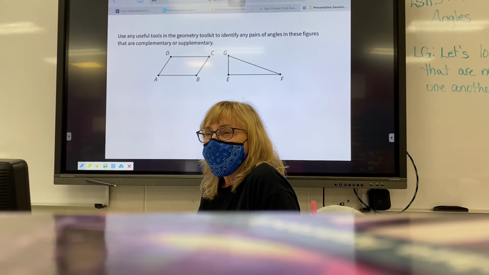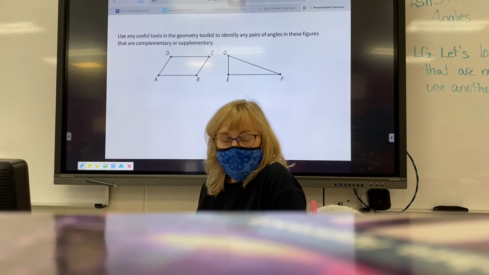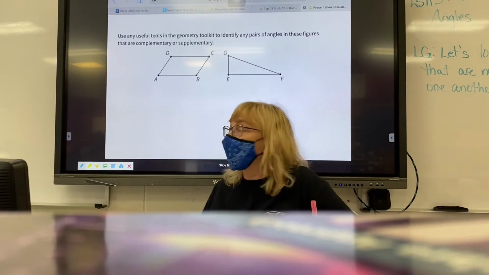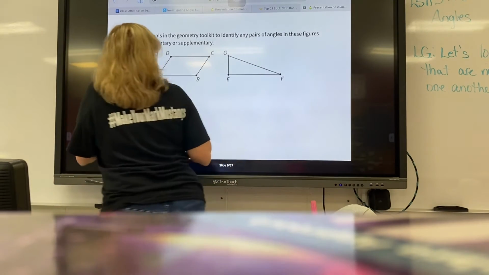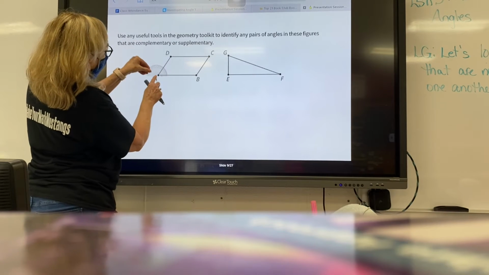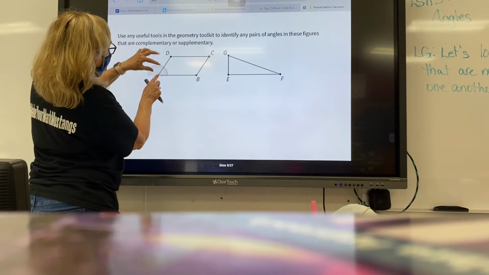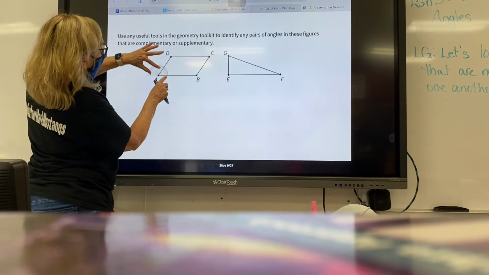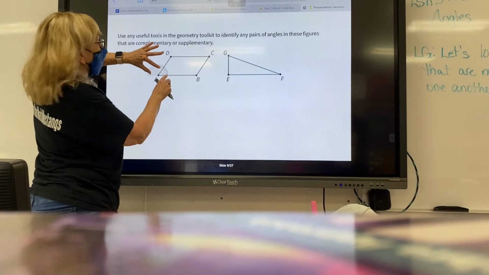So we go by the bottom numbers, not the top, right? You're always starting at 0. So when I put my protractor on here for angle A, I'm going to put my protractor right here. This is my 0 right here, so I'm counting up from 0.